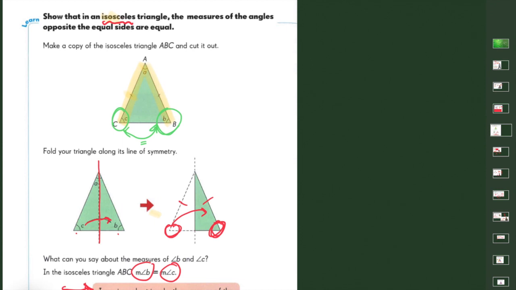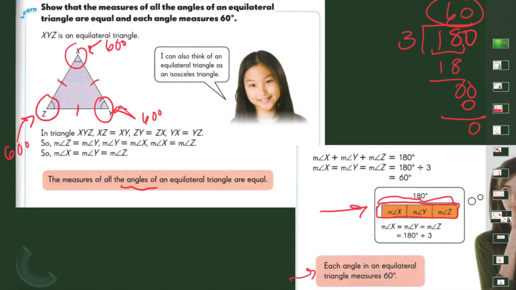So the angles have equal measures. And finally, we learned that in an equilateral triangle, all angle measures must be 60 degrees. That all angles of an equilateral triangle are equal.